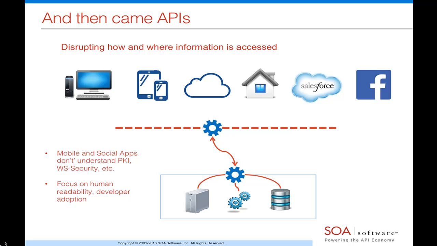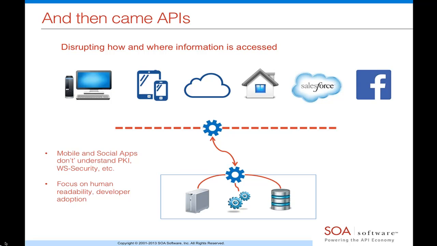So they need to rely on a community of developers, so make the API really easy. Also, the mobile devices and social apps really don't understand some of the PKI and WS-Security aspects that had become a trend with SOAP and web services.